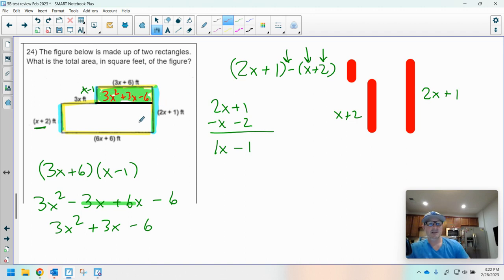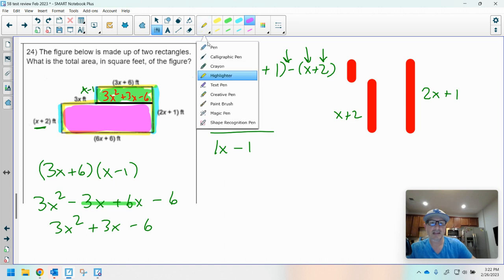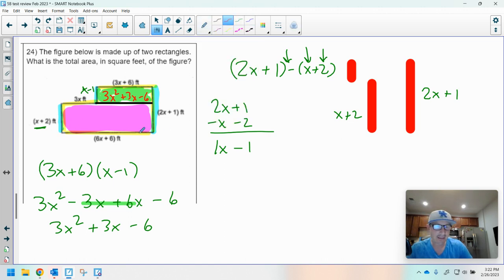All right. Now let's get the other one. I'm going to shade it purple. This rectangle, I got the shape right this time. Yay. This rectangle right here, we got to be careful. What is the length all the way across that one? Let's change the color to blue. 6x plus 6 is the length. And what is the width of just this rectangle here on this side? x plus 2.